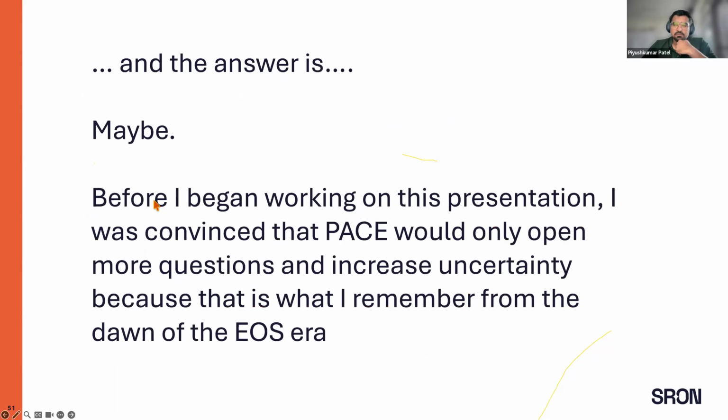When I started working on this presentation, I was convinced that PACE would only open more questions and also increase the uncertainty, because that is what we remember from the MODIS data. MODIS has given a lot of information, and that actually reduced the uncertainty, but we still had more questions. We came out with: okay, we need size information, we need shape information, we need chemical information.